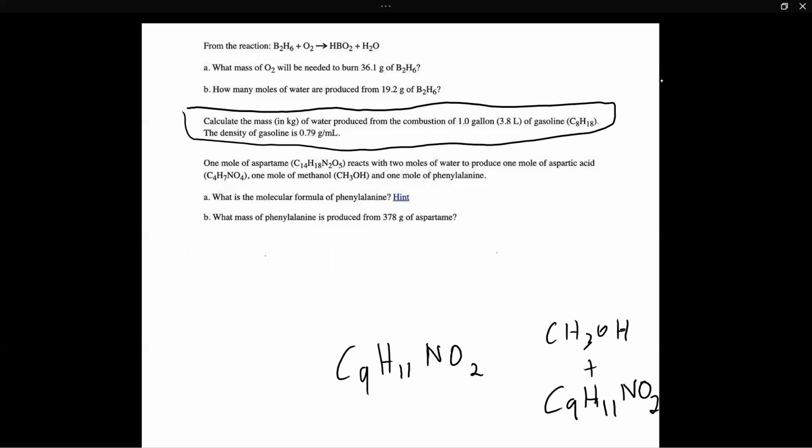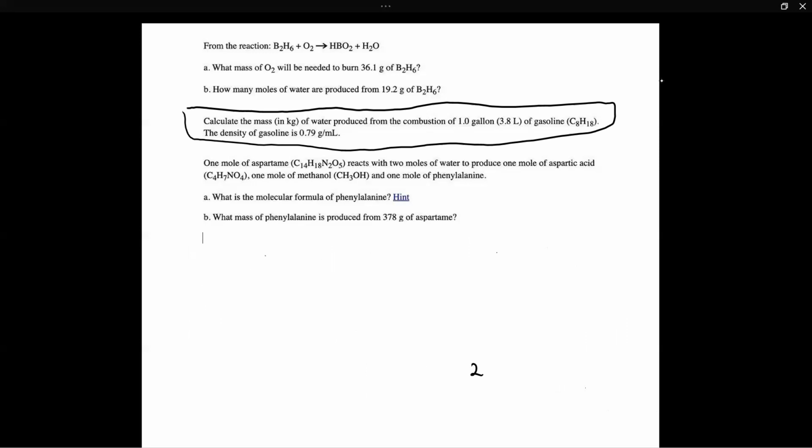Now let's look at the next part. What mass of phenylalanine is produced from 378 grams of aspartame? All right. So again, we need the balanced equation for this. I don't know why I erased that. I'm just going to write it now again in a more neat fashion.